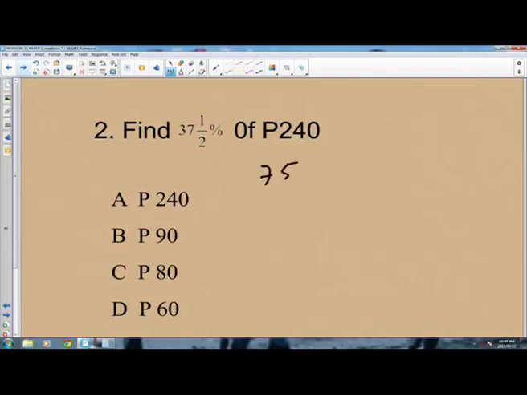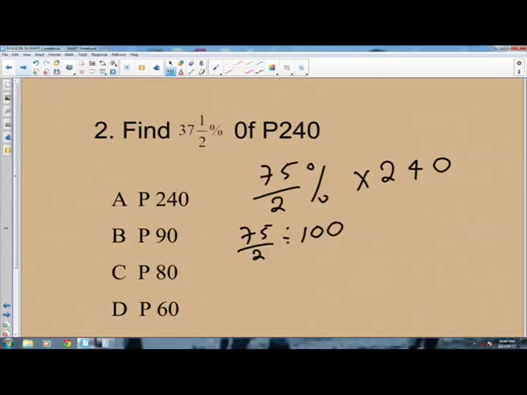So this will be 75 divided by 2, and is still in percentage, times 240. And then this will be 75 divided by 2 divided by 100, because percent means out of 100. So we have to divide by 100. And then after dividing this by 100, multiply this by 240.